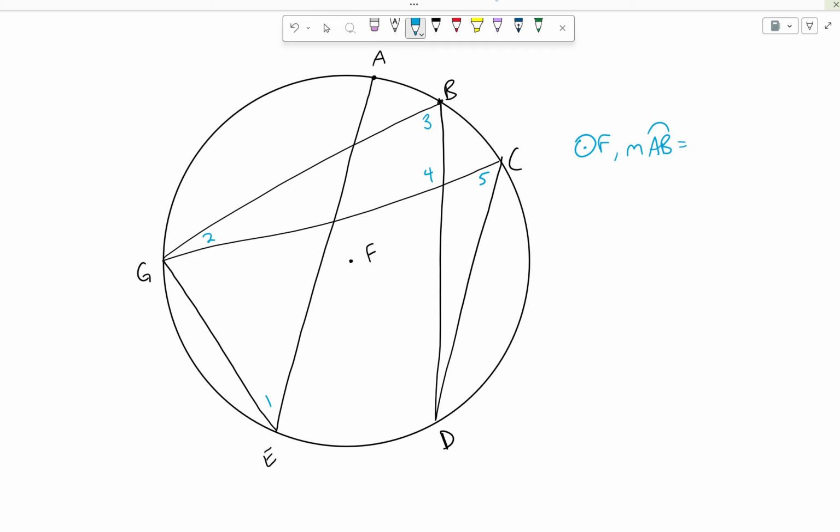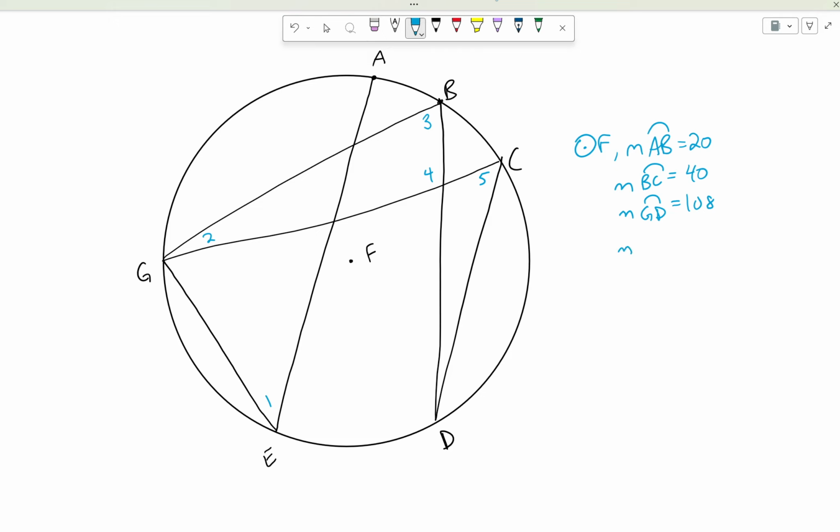The measure of arc AB, this is all given, is going to be 20. The measure of arc BC is going to be 40. The measure of arc GD is given as 108. I know AB and BC look similar, but they're for sure different.